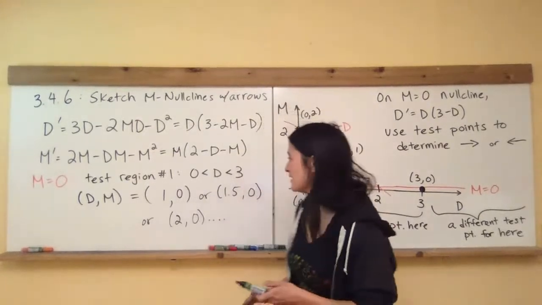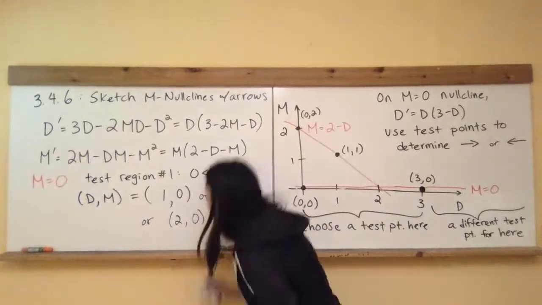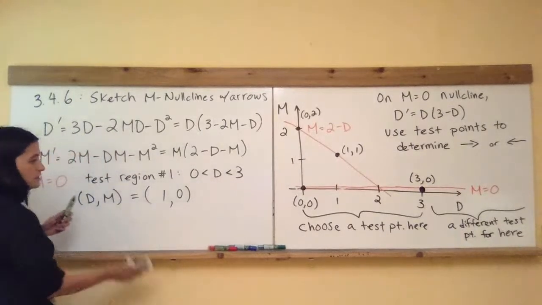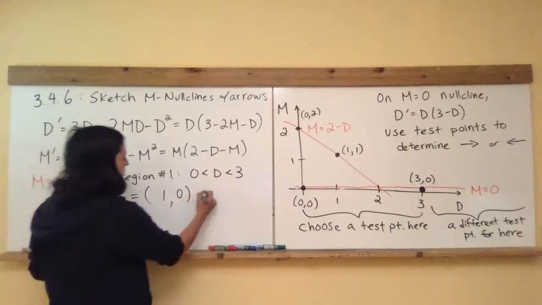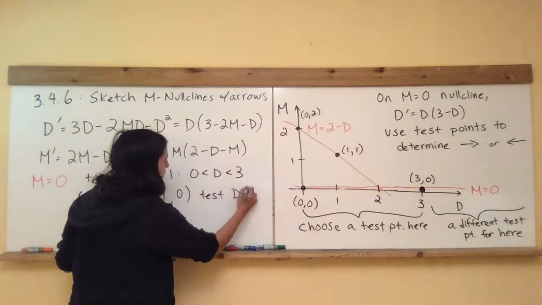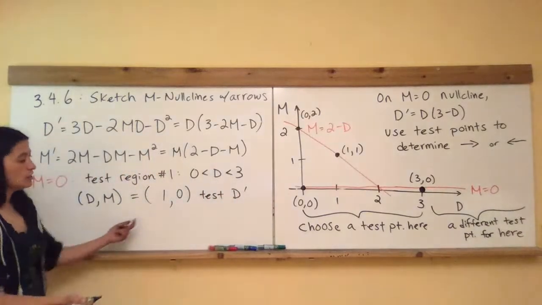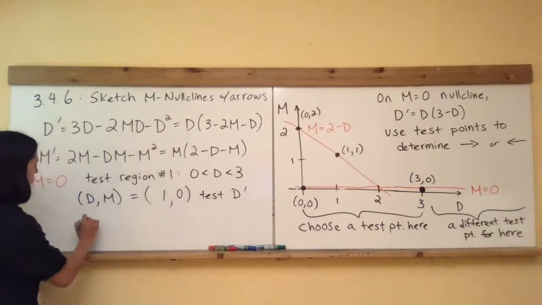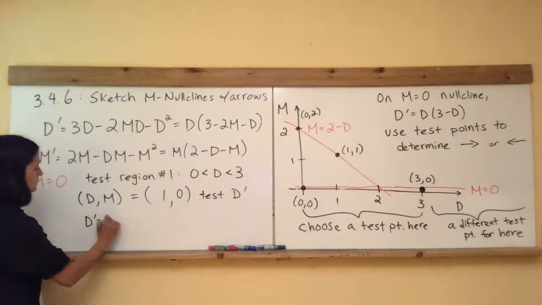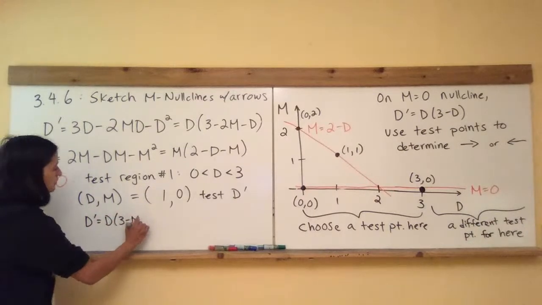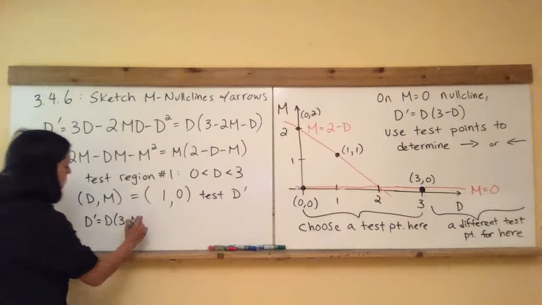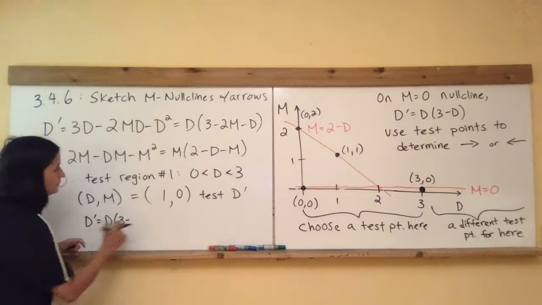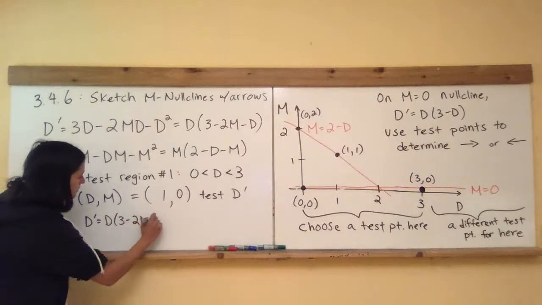Excellent job. Okay, so I'll pick from any of these, knowing that you could pick any of them. I'll pick 1, 0 as my test point. And now I'm going to test d prime and see what its value is when I plug in 1 for d and 0 for m. So d prime is equal to d times (3 minus 2m minus d).